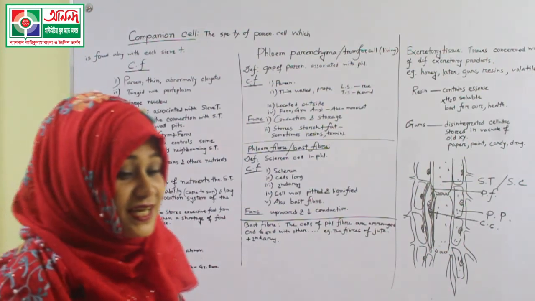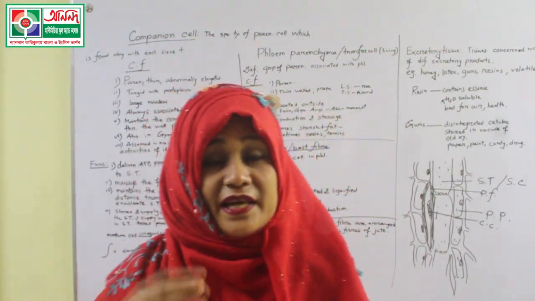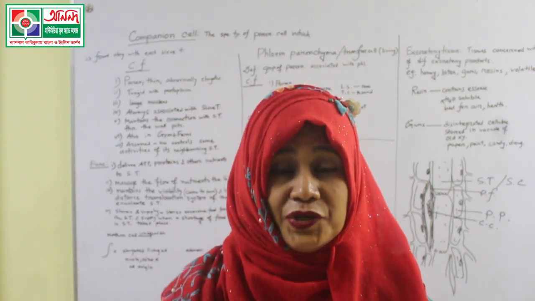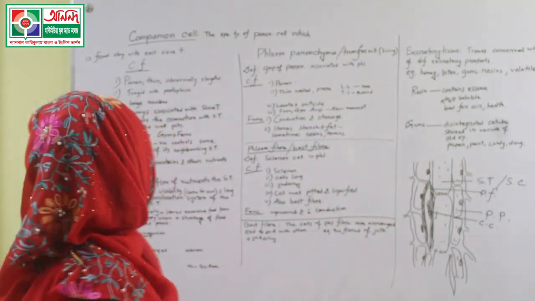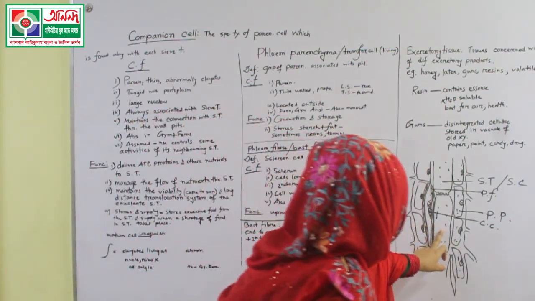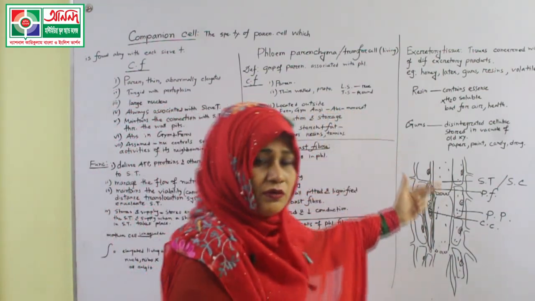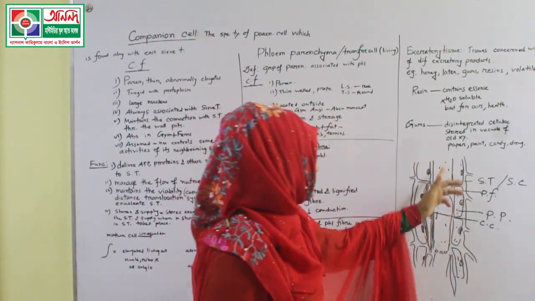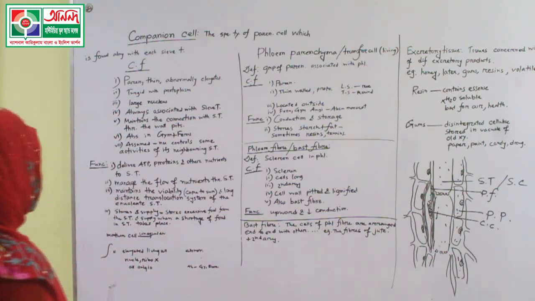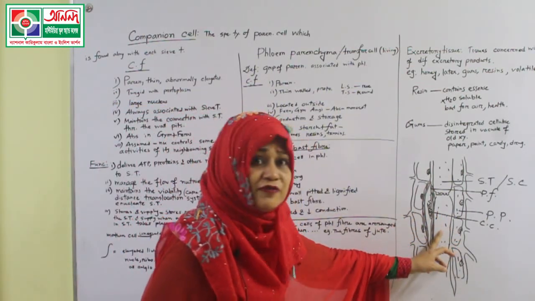And what is its function? It delivers ATP, nutrients, and also different types of proteins to its neighboring sieve tubes. It manages the flow of nutrition through the sieve tube, and also it maintains the viability, that means the capacity to survive.